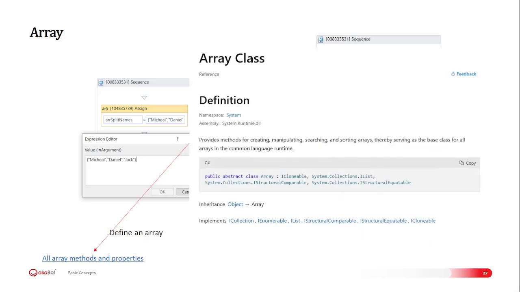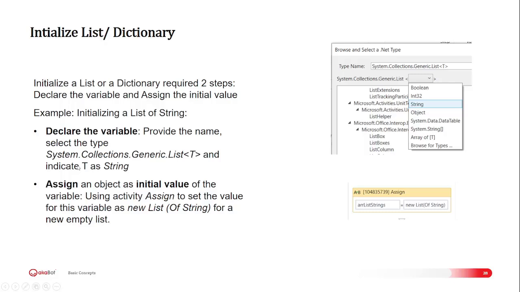And below here are the other methods we use with arrays. To properly initialize a list or dictionary, there are two essential steps: declare the variable and assign the initial value. For example, let's look at initializing a list of strings. First, you need to give your list a name. Select the type of the list as List and specify T as string.